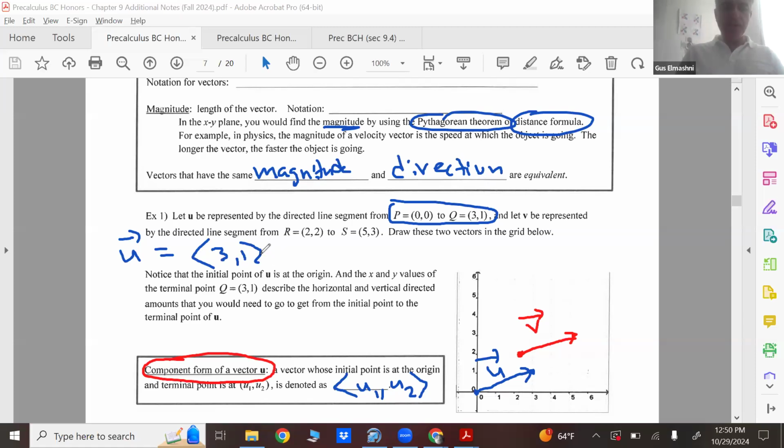Or some textbooks will write like this. If you have an older sibling in college, they've probably been taking vector calculus. And then for vector V, let's go back to red. Let's color code it. And then we're going to just simmer on this a little bit, just to help you guys understand what's going on.